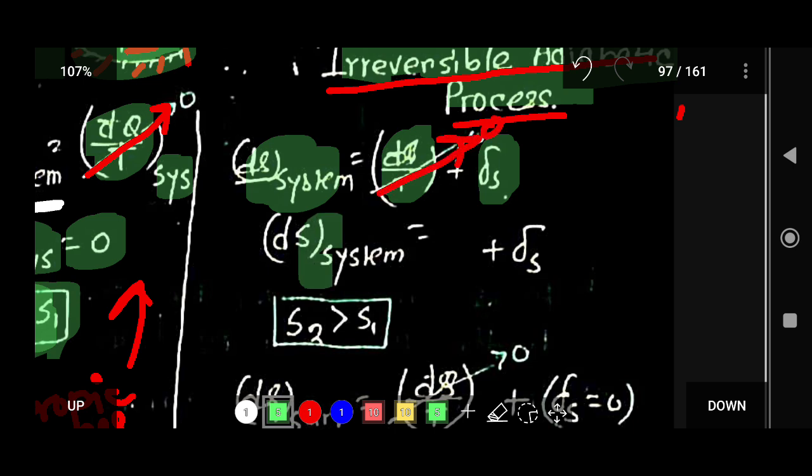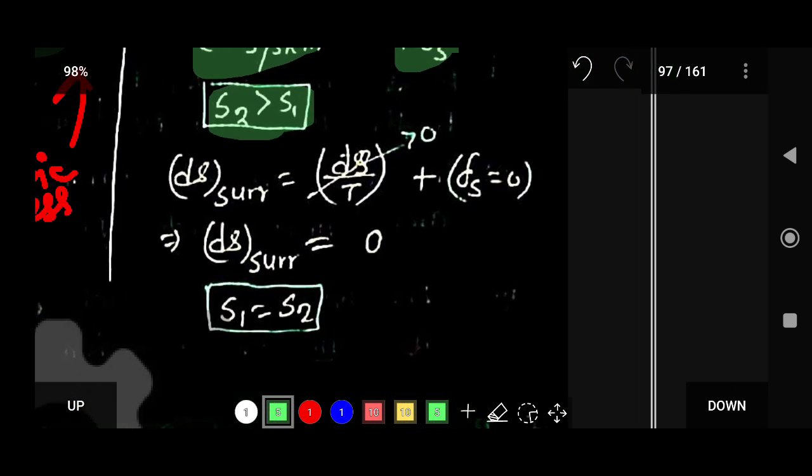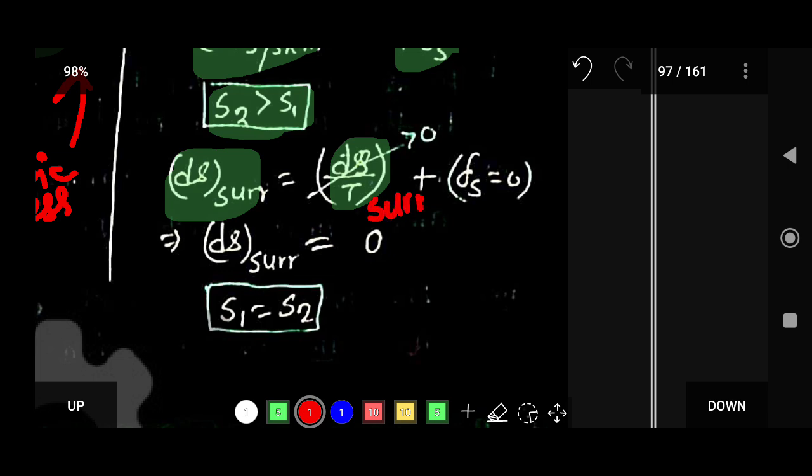So from here dS system is equal to delta S, that means entropy generation. So from here you can see that final entropy is greater than initial entropy. Now for the surrounding, dS surrounding is equal to dQ by T for the surrounding plus delta S.